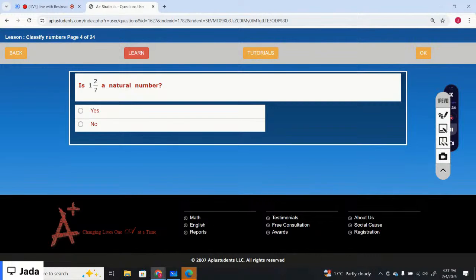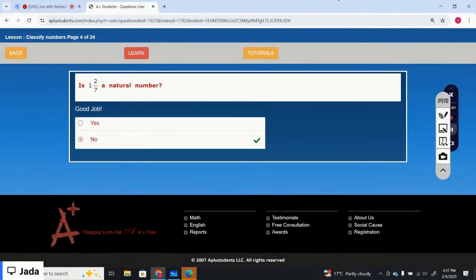Is 1 whole 2 by 7 a natural number? No, that is not a natural number. The correct option is no.